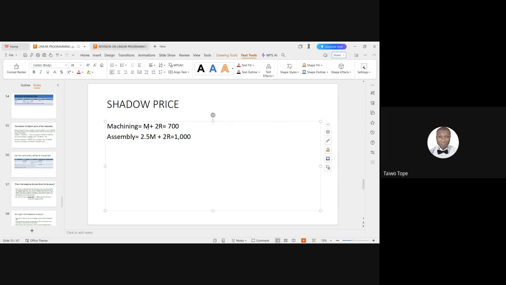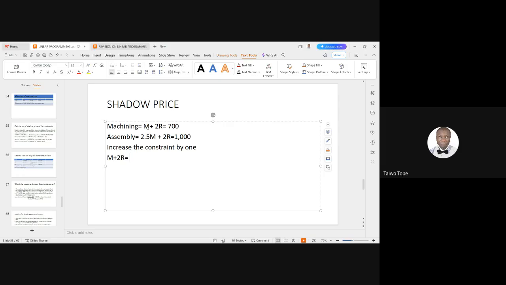So for us to determine our shadow price, we increase the constraints by 1. When you increase the constraint by 1, you solve again using the equations.